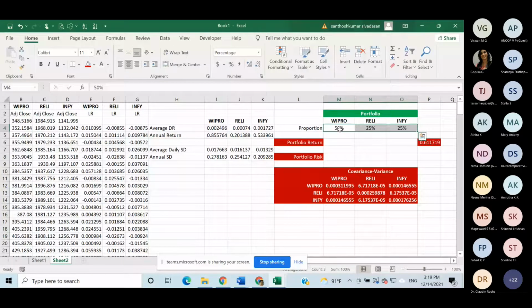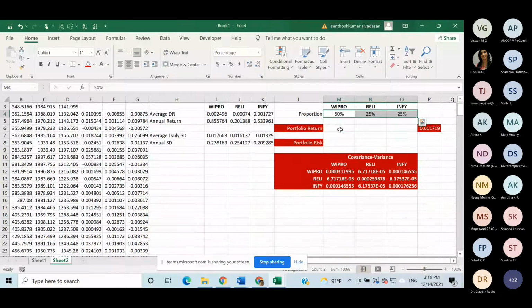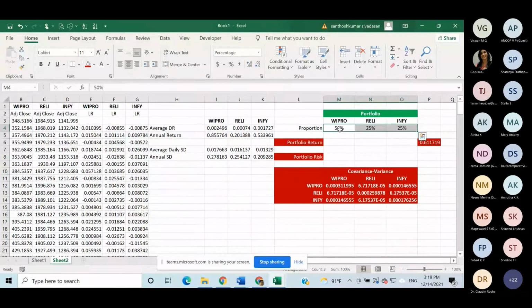So I'll tell you what exactly is meant. Remember, this proportion I am copying. I'll tell you why. Control C, and I am pasting it as a 1 into 3 matrix.